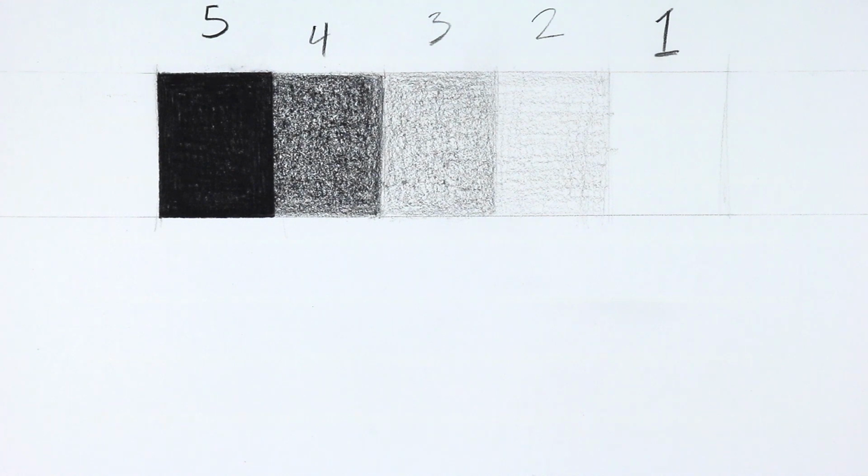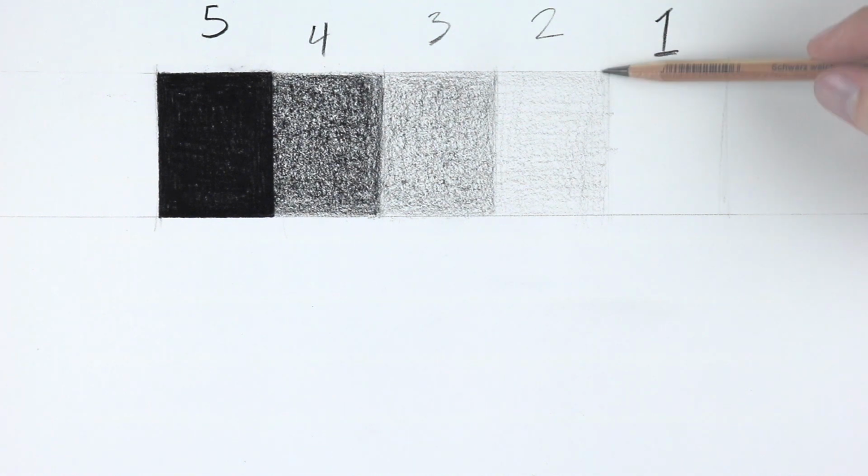Try comparing these values with your eyes squinted or out of focus. Hopefully you can see that the jump between values 4 and 5 is much greater than the jump between values 1 and 2. This means that the jump between the number 1 and 2 values isn't great enough, and the number 2 value should be darkened since we cannot lighten the number 1 value.